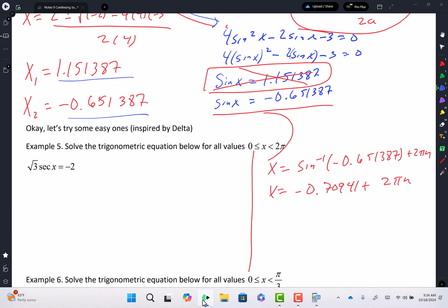There's another one. Remember, every sine and cosine has two equations. This is only going to give me half the answers. What's the other one? Pi minus arc sine of negative 0.651387 plus 2 pi n. I'm going to put this in the calculator.